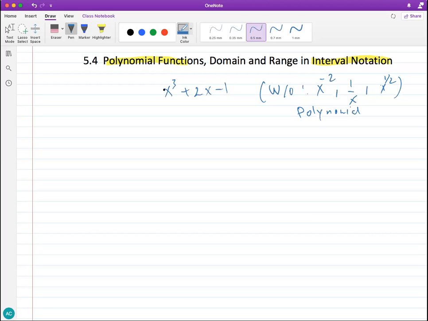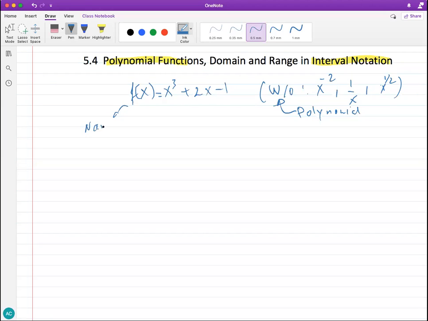So when you take a polynomial and you give it a name, function notation, as we saw last time, that becomes a polynomial function. So this is a polynomial function. This is the name of the function.